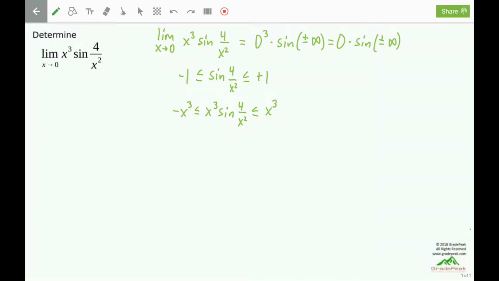And now we can take the limit as x approaches 0 for each of these. And the inequality will still hold true.